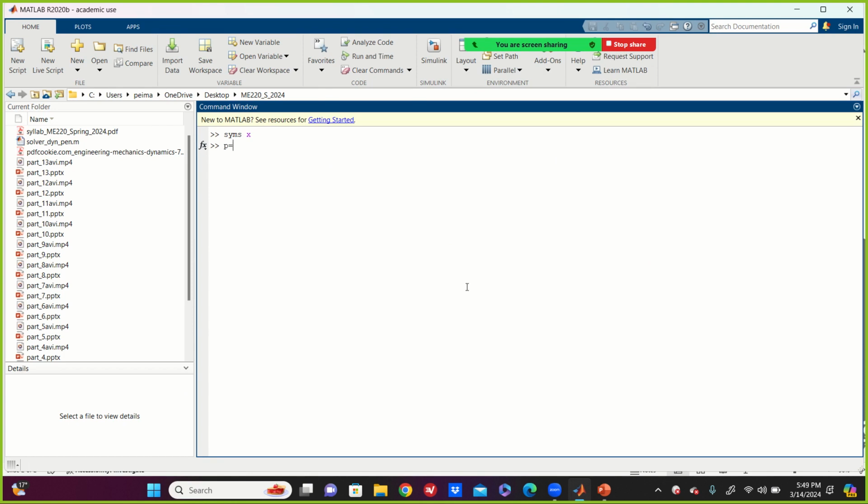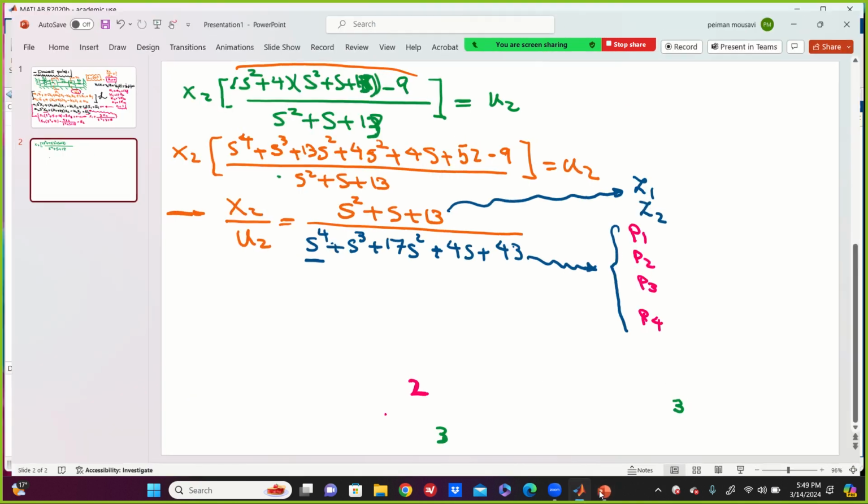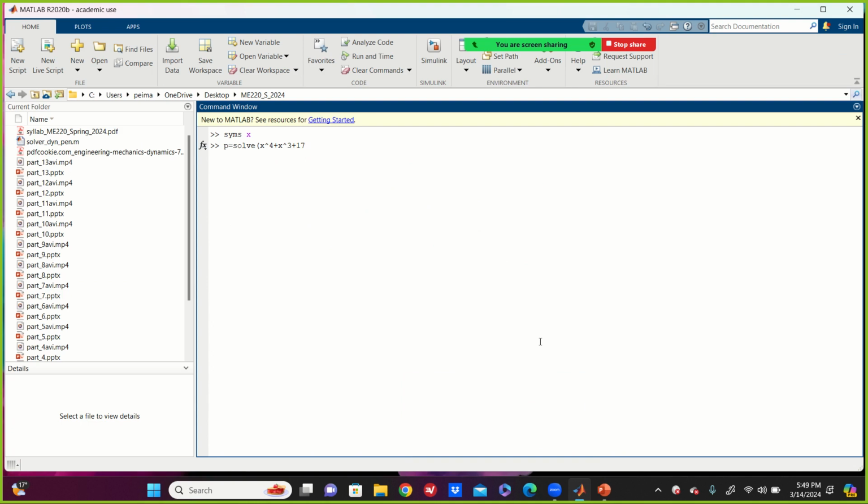I'm going to say poles of the system equals solve x4 plus, can you read the denominator for me? x4 plus x cube plus 17 x squared plus 4s plus 43. And obviously I'm going to say eval to get meaningful things. What is s?